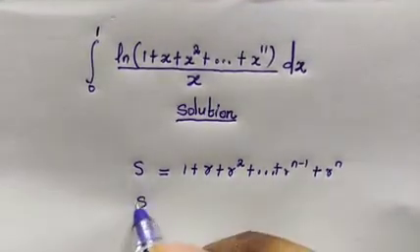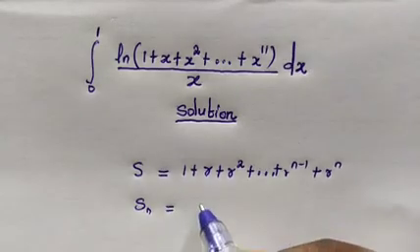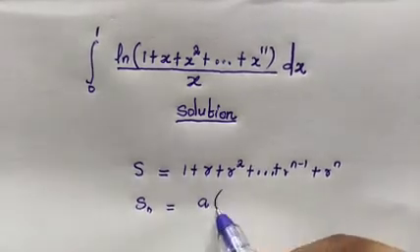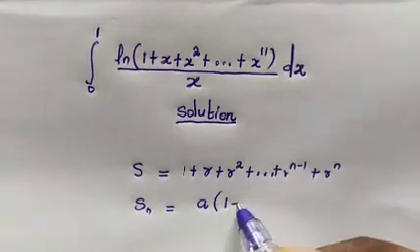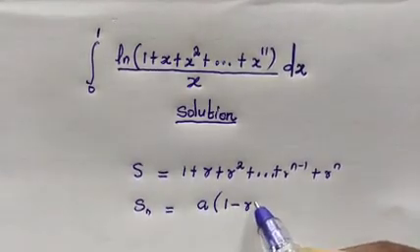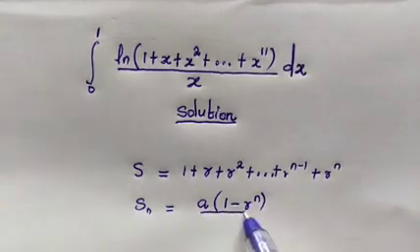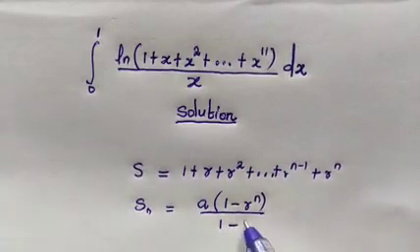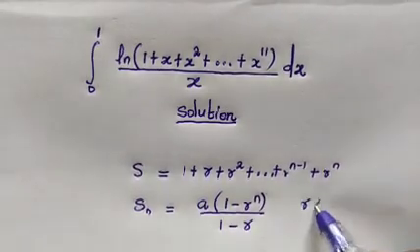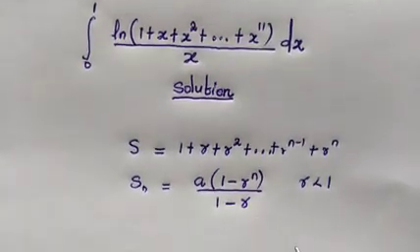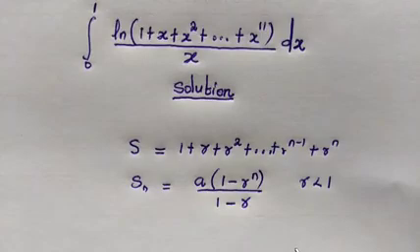We know the sum here is given as the first term a into brackets 1 minus the common ratio raised to the power of number of terms, and then divided by 1 minus r, provided that the absolute value of r is less than 1, right?